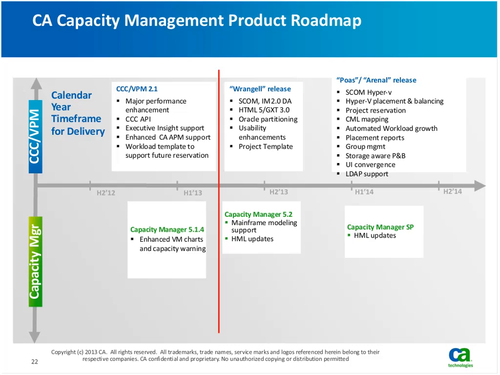So on the CCC VPN front, here are the list of the features we are evaluating and prioritizing. As you can see, we have released SCOM product supporting the physical servers already this week.